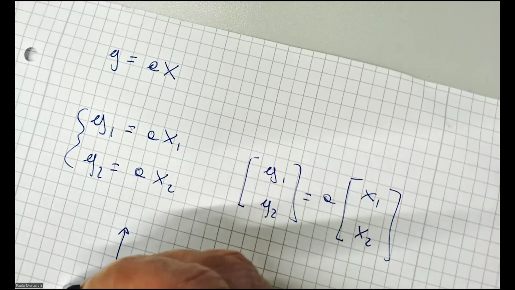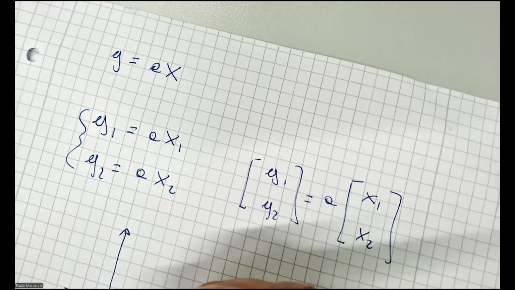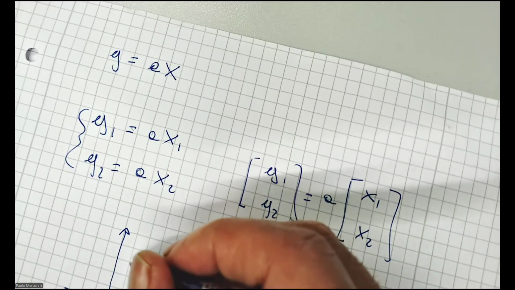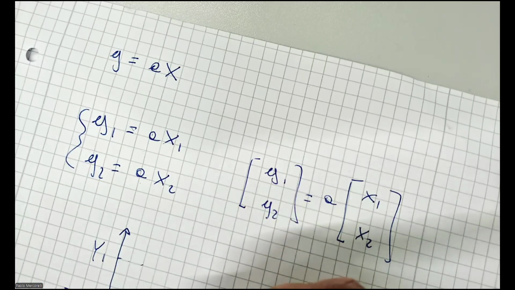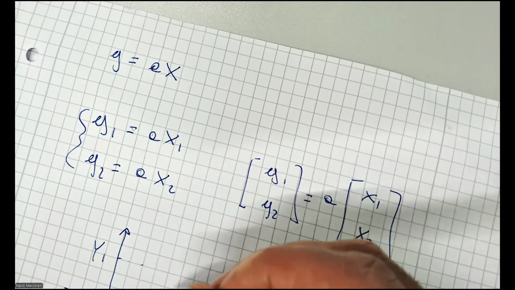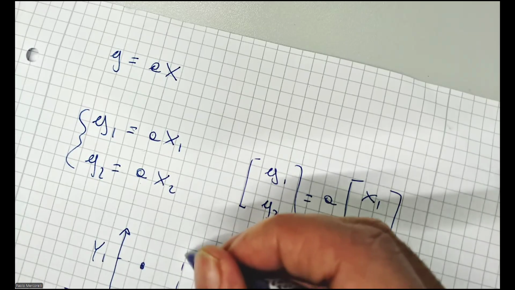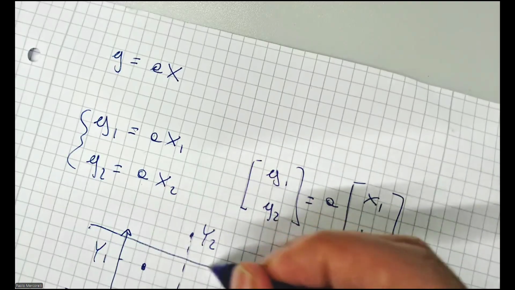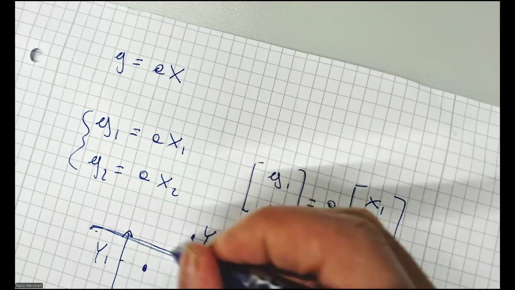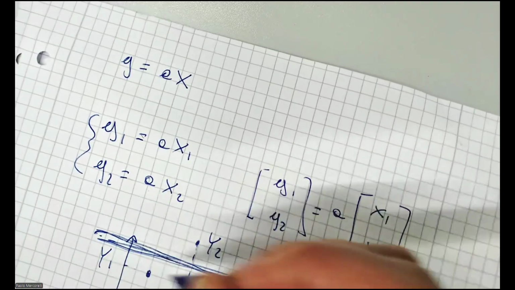If you remember, in the lecture on optimization, I did this example. This is the sense. The mean value between y1 and y2 is a.